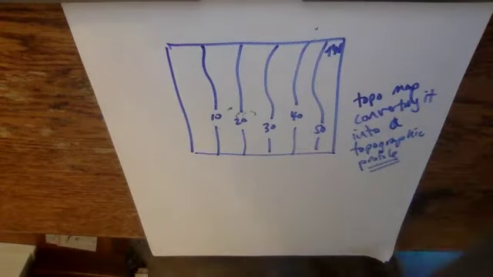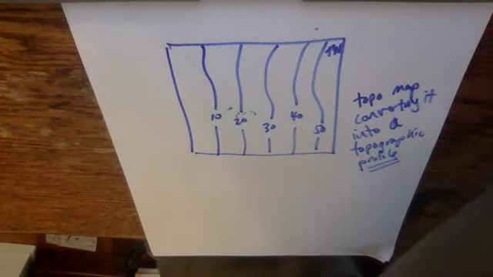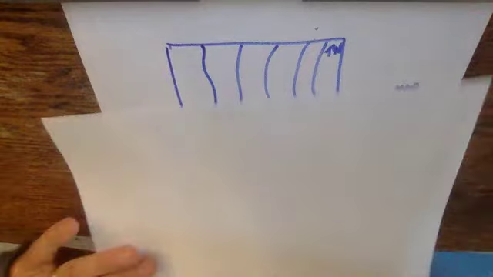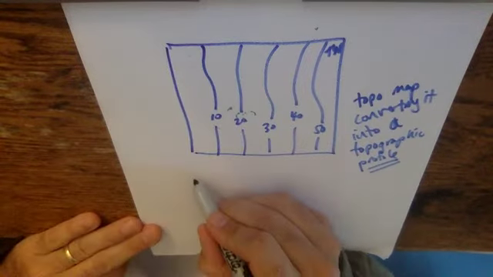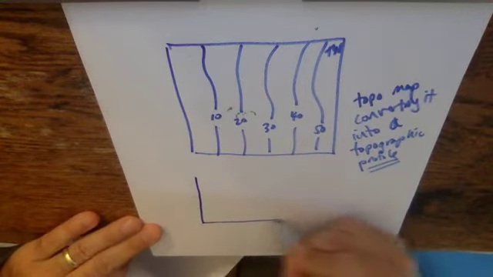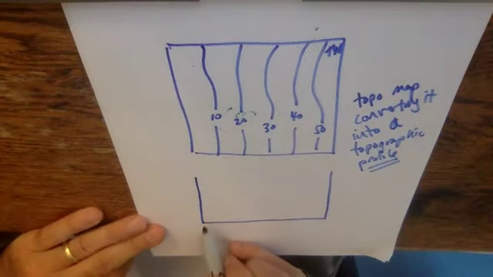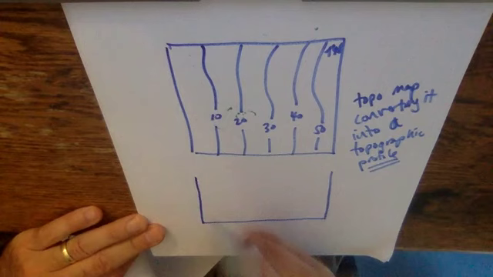So how would you do that? Well, the way you do it is you need another piece of paper. Right? So we're going to set up something down here like this. And I'm going to draw, what is our lowest elevation? The lowest is 10.